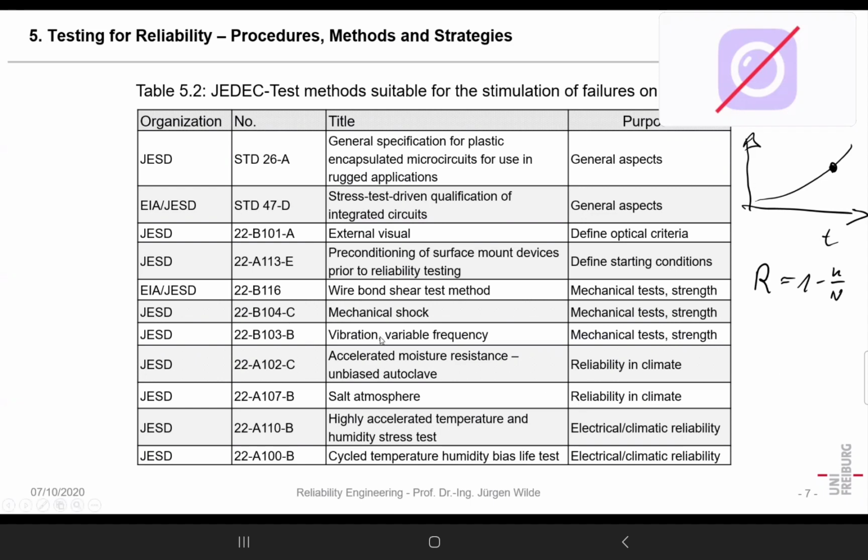Also in vibration, you can say there is very much a chance of the influence of design. You go through that 20 hertz to 2000 hertz and up and down several times, maybe 3 times.